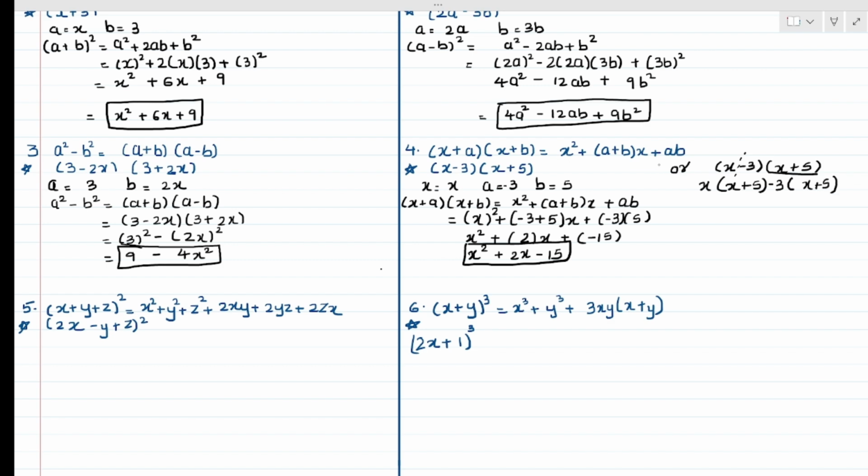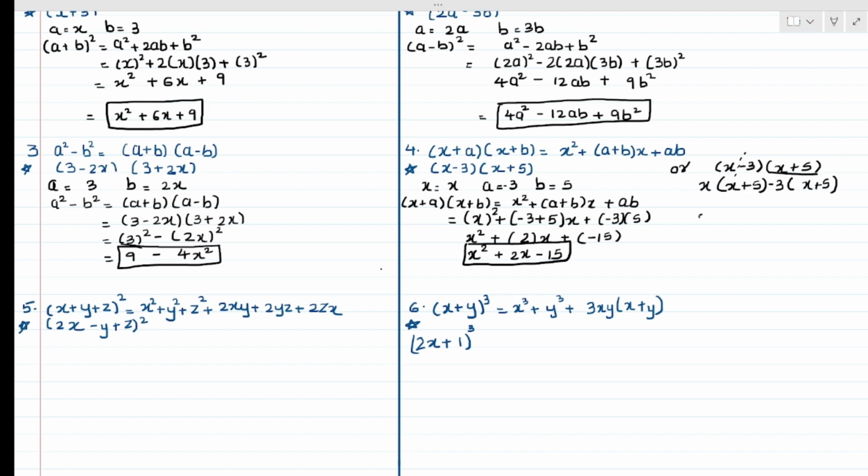I repeat this method again. As you have two brackets over here, split one bracket. We first took the first half of our bracket, that is x, times the whole second bracket. Next part of our bracket, negative 3, times the whole bracket.